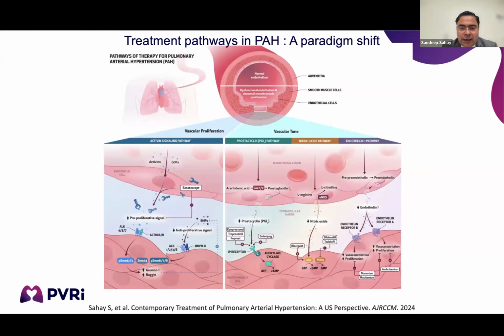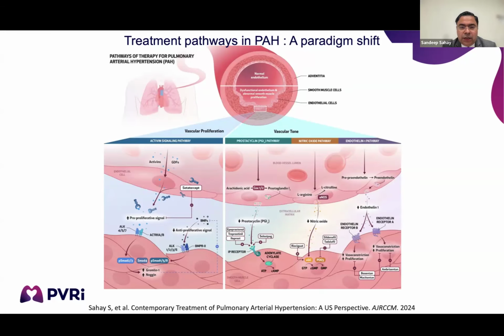This is a slide highlighting the 4 different pathways which we now have available for the treatment of PH. As I highlighted, a paradigm shift, because last year we had a fourth pathway approved for the treatment of pulmonary arterial hypertension, and it works in a slightly different way.